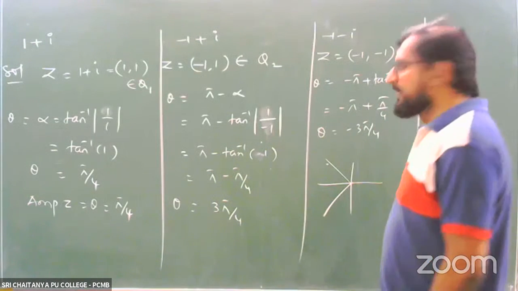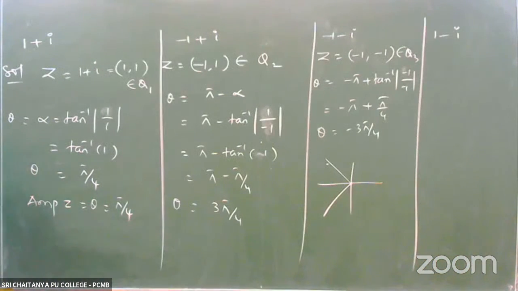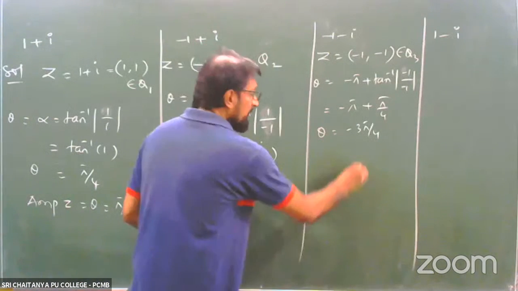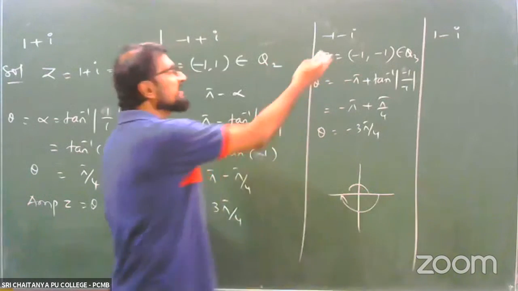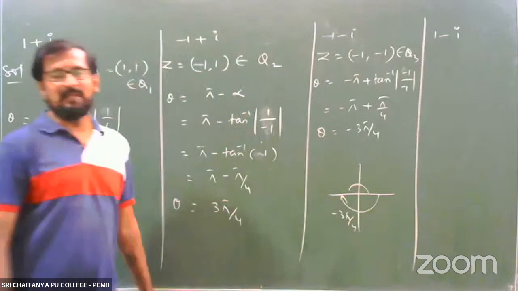This is theta value. Now I said itself, when you are measuring a complex number, you should take two positive quadrants, two negative quadrants. See, it is in the third quadrant, so it is negative 3 pi by 4 will be the angle. It is correct.